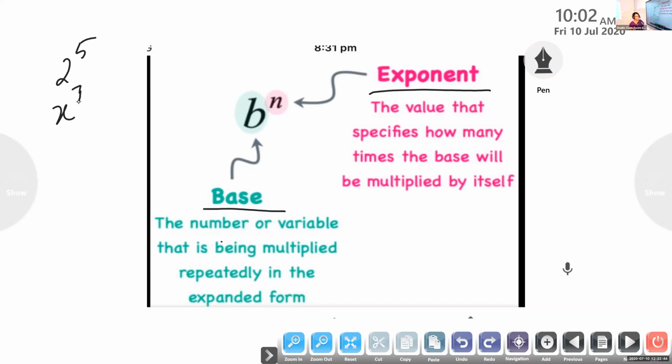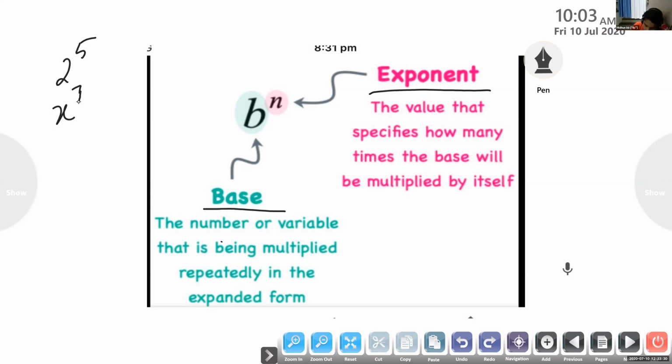It can be a number or a variable, any letters. Base is the number or variable that is being multiplied repeatedly in the expanded form. Okay?